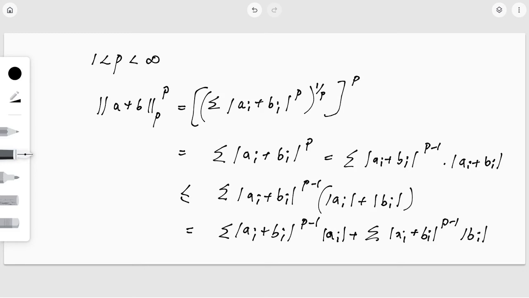Now next what we are going to do is we are going to apply Holder's inequality to this part and to this summation separately. So what do we get?